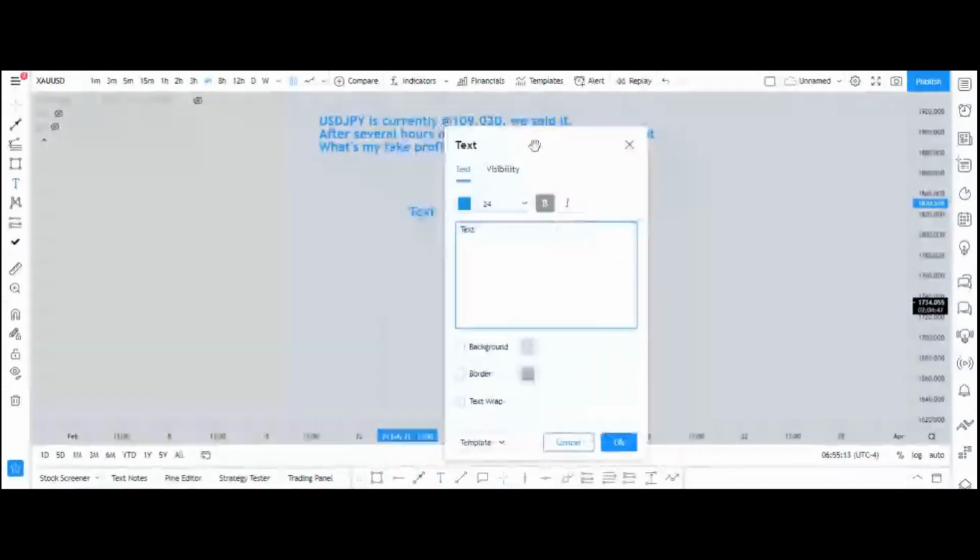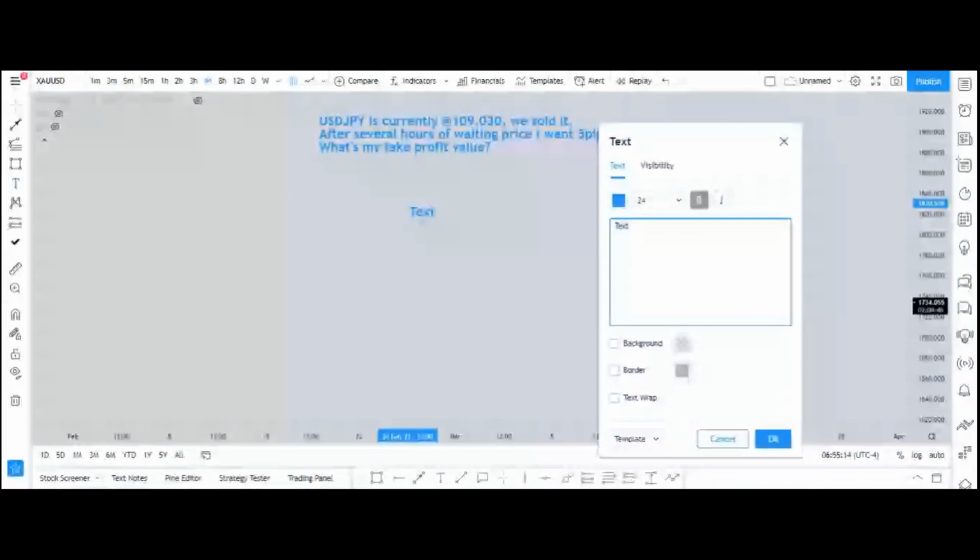So to calculate our 5 pips from USD JPY, we have 109.03. Then we need to take 5 pips and we are selling, so we're subtracting 5 pips from 109.03. So that will be 000.05.